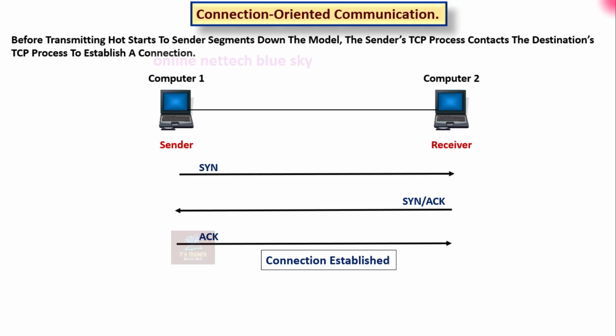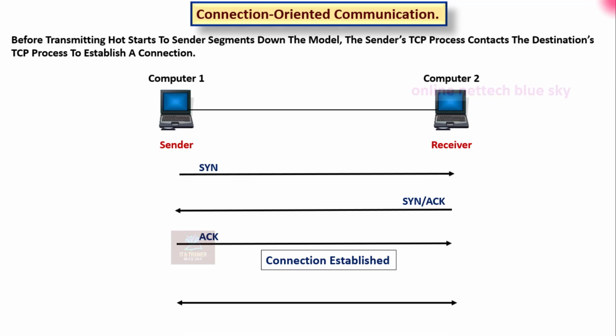Okay, so this model is one type of synchronizing and acknowledgement. So that is a completely established connection, connection successful. That means you are completely ready for data transfer, data sending and receiving. Okay, so it is very important, the sending and receiving TCP process to establish your connection.